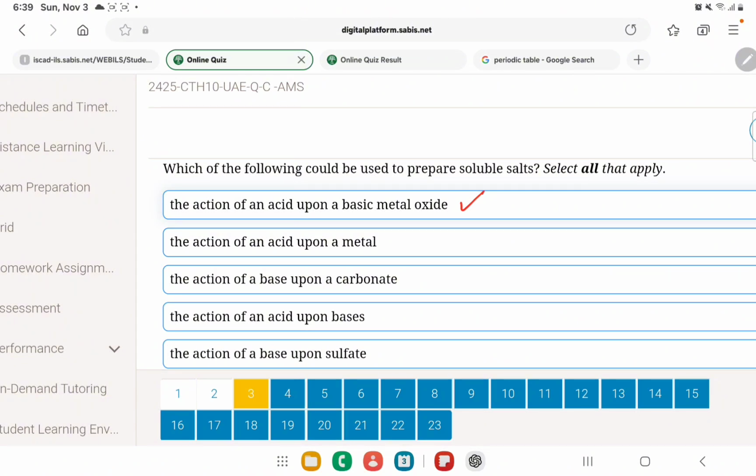It's one of the excess methods. Acid and a metal, yep. Base upon carbonate, no. Acid upon carbonate, yes. Acid upon bases, yep, for titration. And then base and sulfate, no. We never mentioned sulfate. Okay?